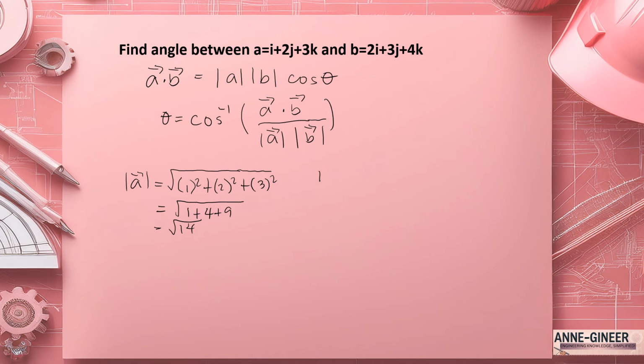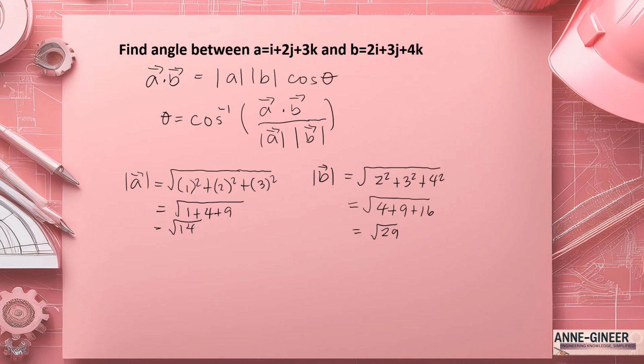The magnitude of B is equal to the square root of 2 squared plus 3 squared plus 4 squared. These came from the components. So this is the square root of 4 plus 9 plus 16, or this is the square root of 29.